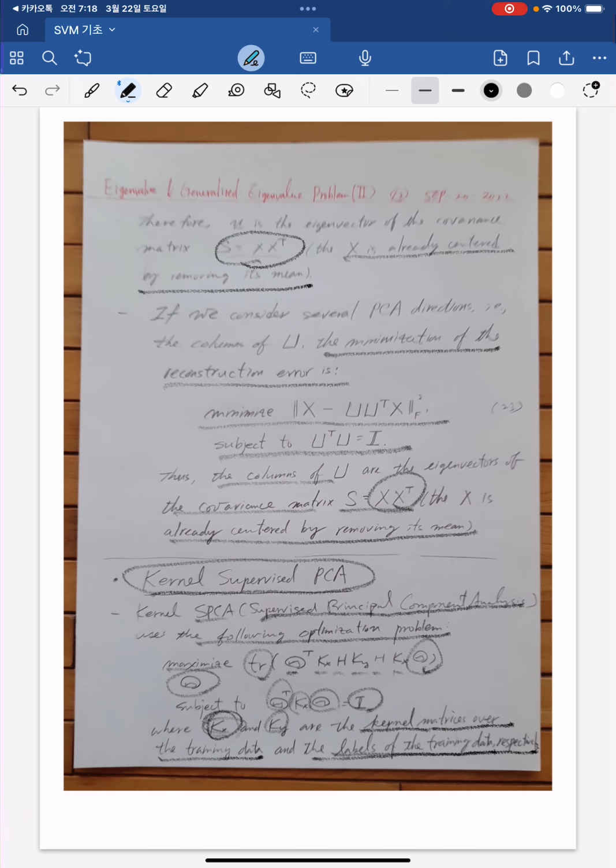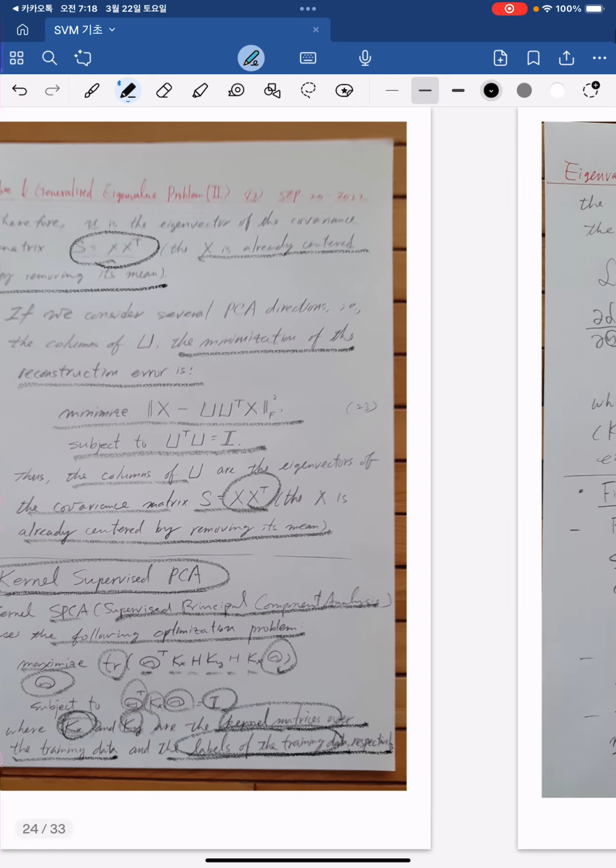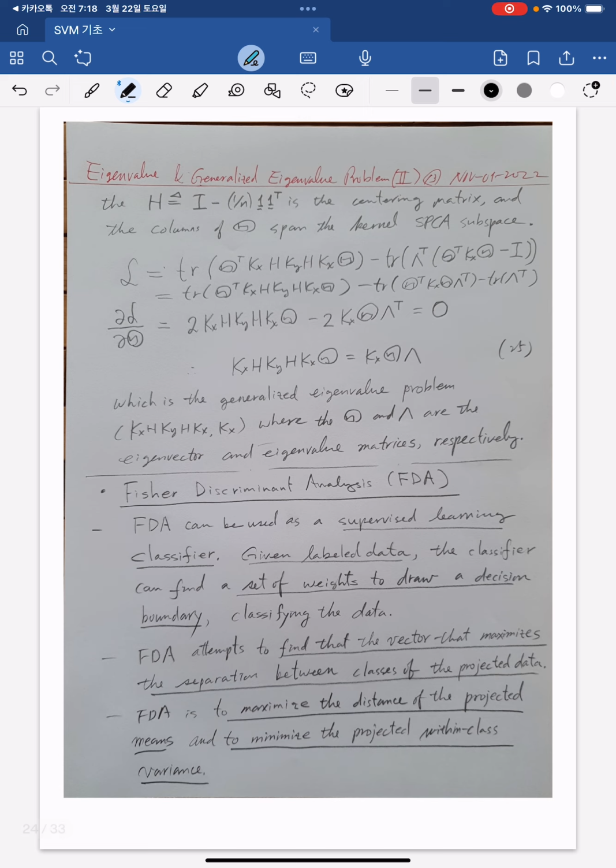KX는 트레이닝 데이터에 대한 커널 매트릭스, KY는 그 트레이닝 데이터 라벨에 대한 커널 매트릭스를 나타낸다. where H는 identity 마이너스 n분의 1 1 transpose, 이 1은 n dimension column vector. H is a centering matrix and the columns of theta span the kernel SPCA subspace.